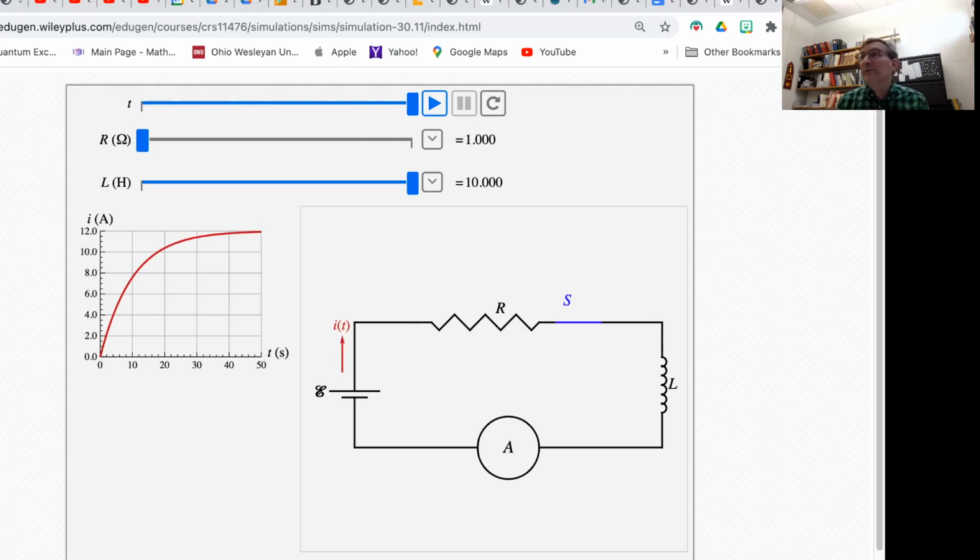Because I made L bigger, so I made the inductive time constant bigger. L over R is now 10 seconds. So it takes 10 seconds before we get to about 66% of our final current. So the more inductance the inductor has, the slower the current can change. Okay? All right.